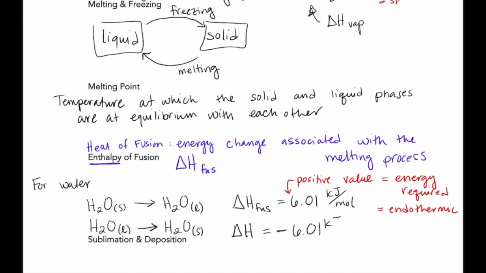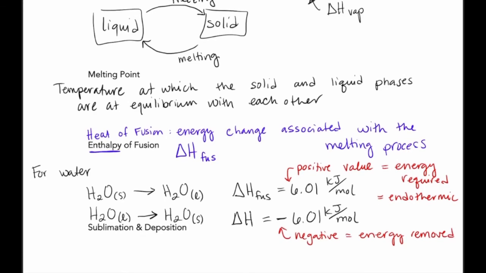So negative 6.01 kilojoules per mole. We have to remove that same amount of energy in order for it to go back down to a solid. And so here we have a negative value. That's going to mean energy removed. Right? Energy is given off by the liquid water, and so we call that exothermic. We have to remove energy in order for the liquid to become a solid.